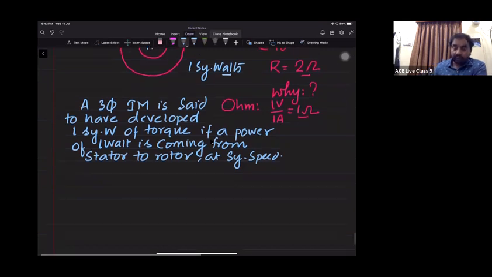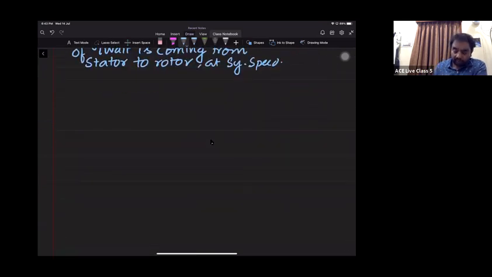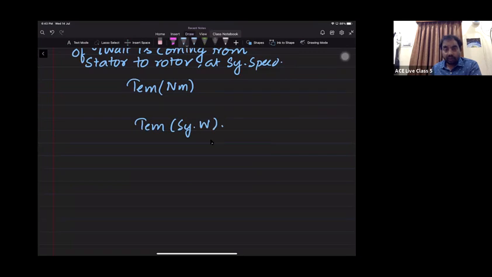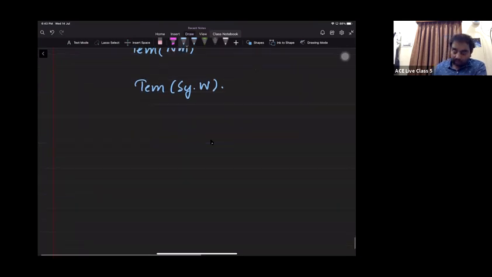Now I'll answer. Is the torque in Newton meter and the torque in synchronous watt the same or different? We'll see. You have already taken one example in the power stages. The stator input power is equal to 40 kilowatts.